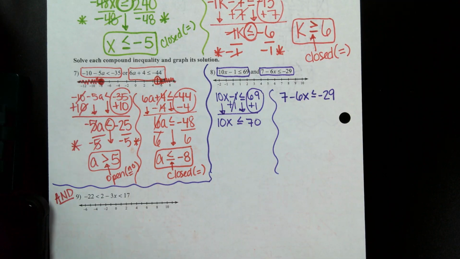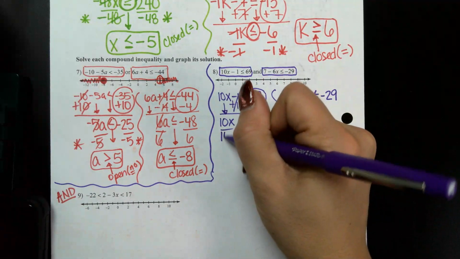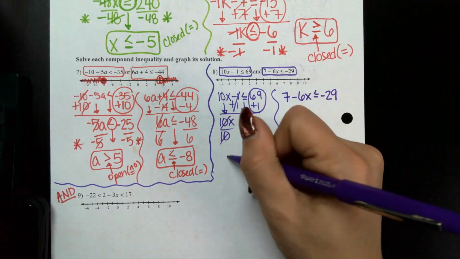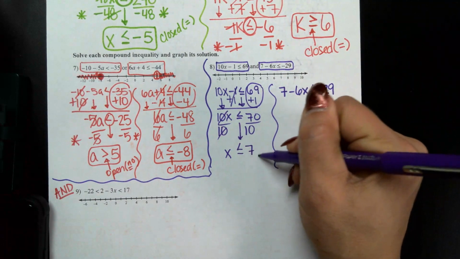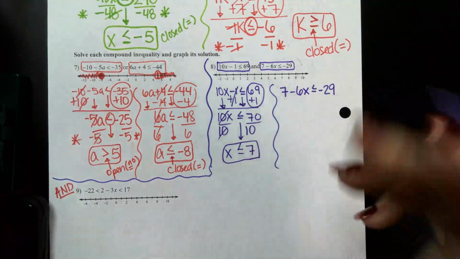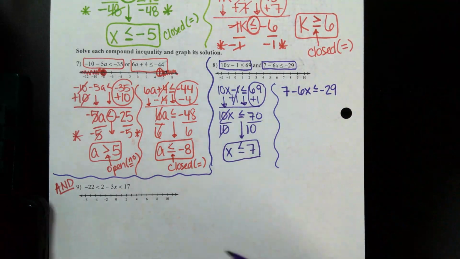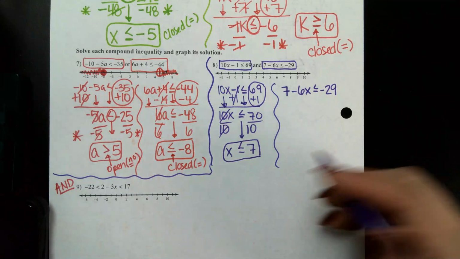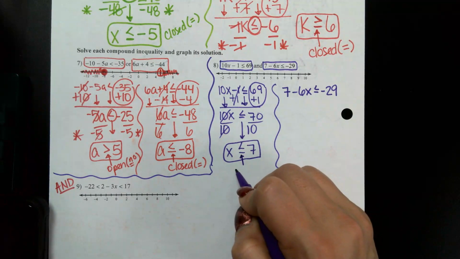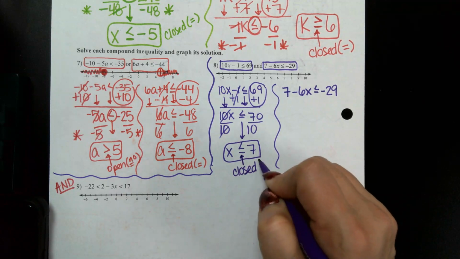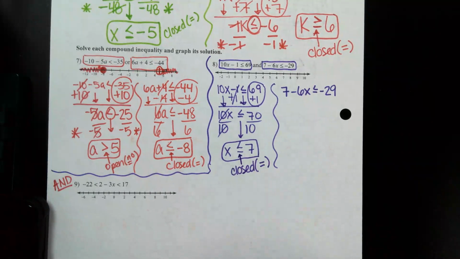Divide by 10. And you don't have to worry about whether you have to flip your symbol. No, because we divided by a positive. So it ends up being positive 7, and it's going to be closed because of that equal sign.